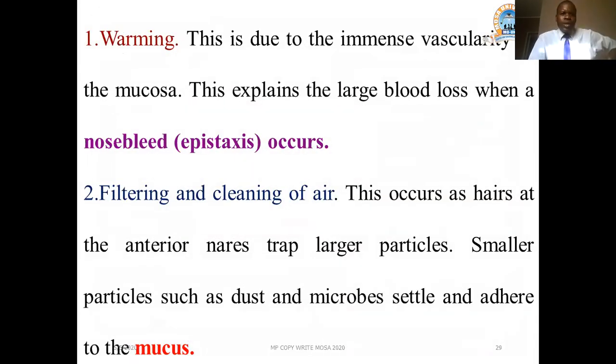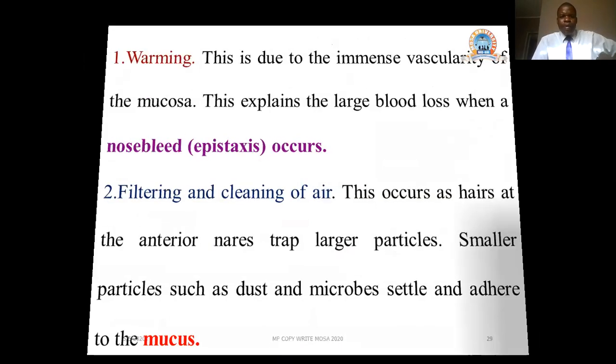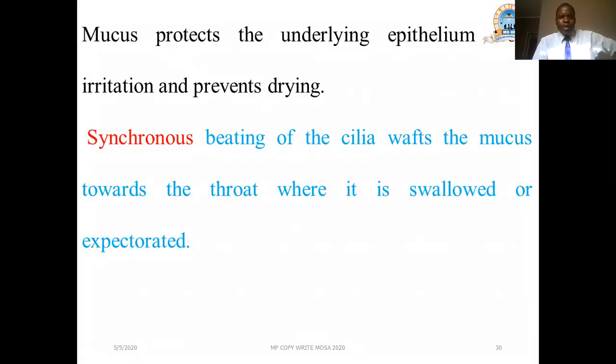So functions include warming, like I said, filtering and cleaning of air, also production of mucus, which I mentioned earlier. So mucus protects the underlying epithelium from irritation and prevents it drying, which I mentioned. Then synchronous beating of the cilia waves the mucus towards the throat, where it is swallowed or expectorated.